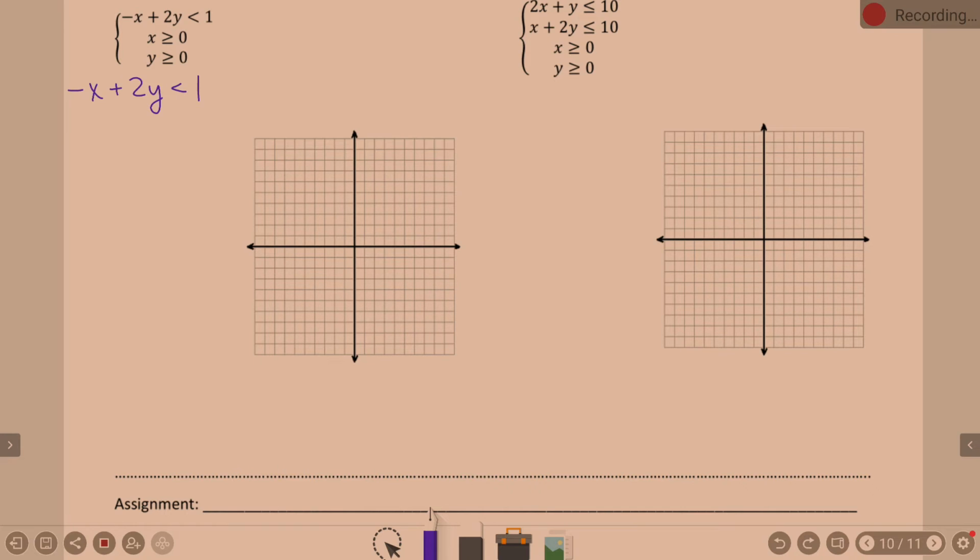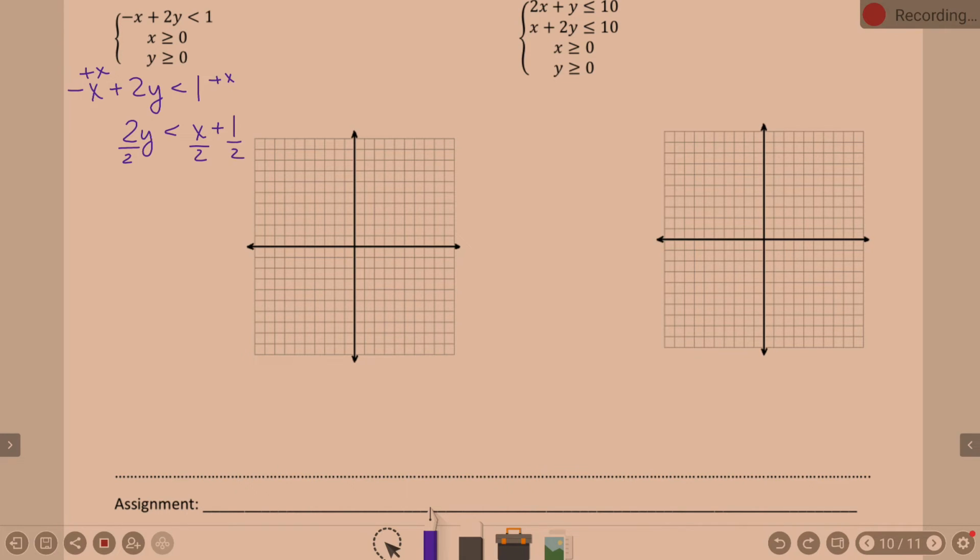Negative x plus 2y less than 1. You got it? Adding x. So then I have 2y less than x plus 1.